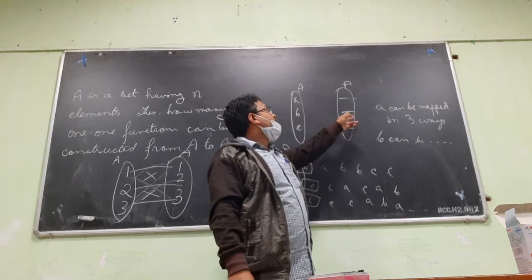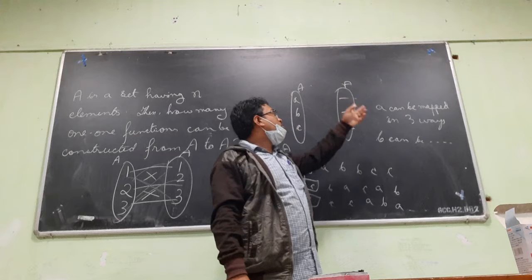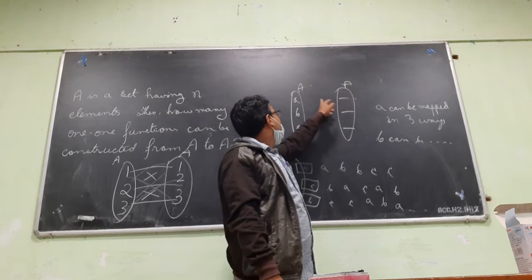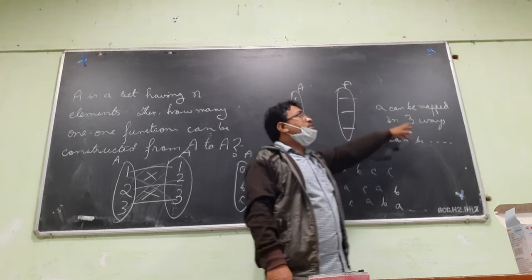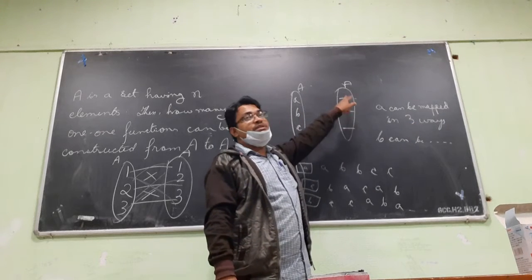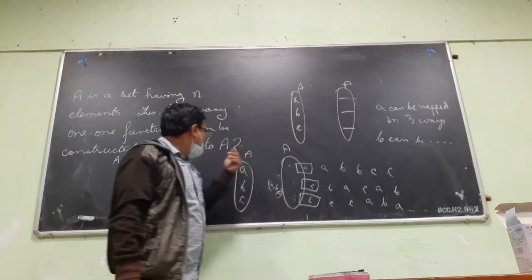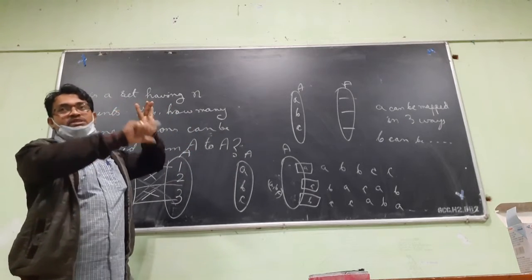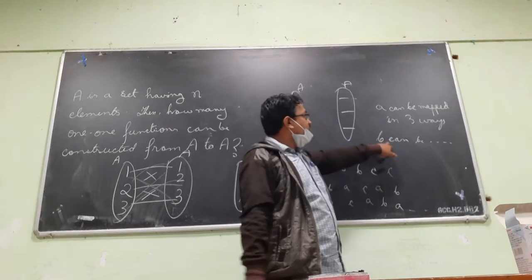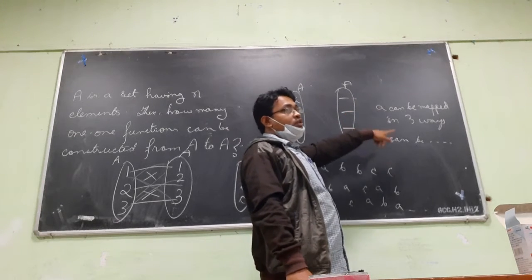When we find all possible functions, as in the last class, the number of ways remains the same, because B also can be mapped in 3 ways. But now I am on 1-1 functions, that is, 2 different elements cannot go to the same image. So for B, one option is less.